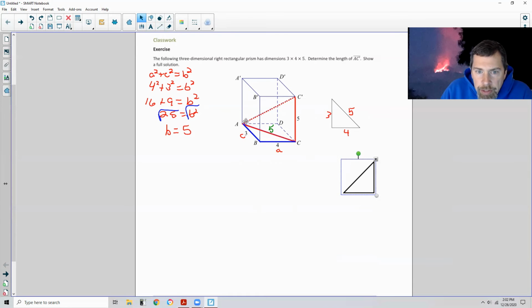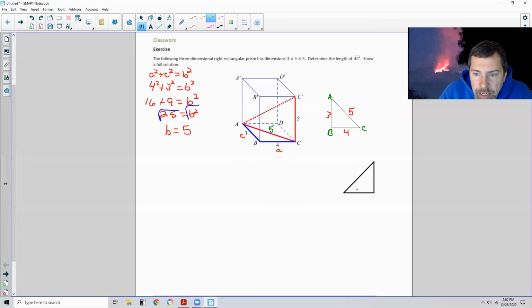Like so, then that is this triangle here. So now I'll label the sides, and I didn't label the sides over here. I should. This was C, this was B, and this was A on the floor. Hopefully that helps.